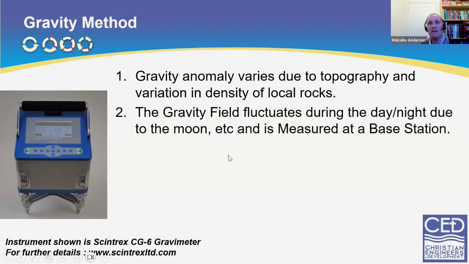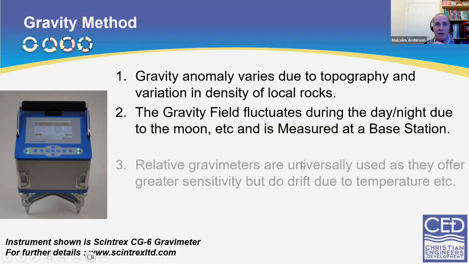Now, the gravity field is more complex than the magnetic field, but it also fluctuates day and night, and it's also affected by the moon in particular and other components. So there's a tide fluctuation in gravity that the Earth experiences, and this instrument measures that very well.